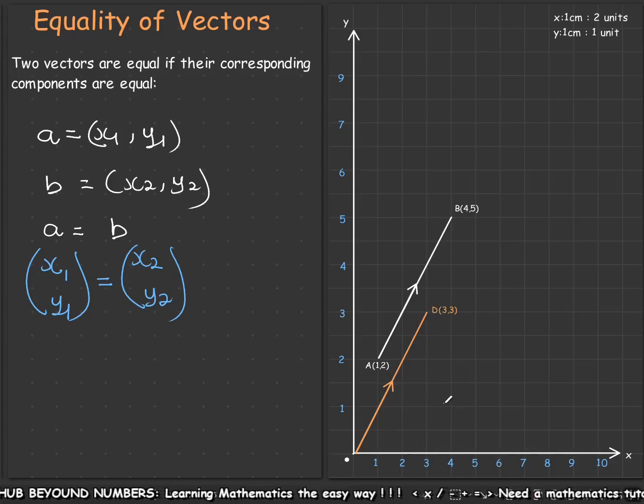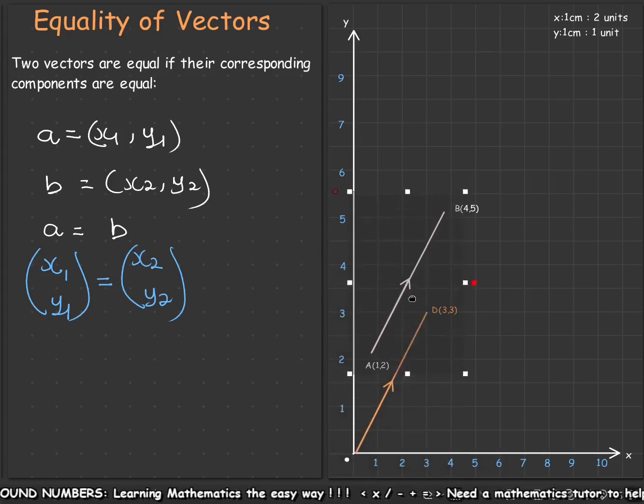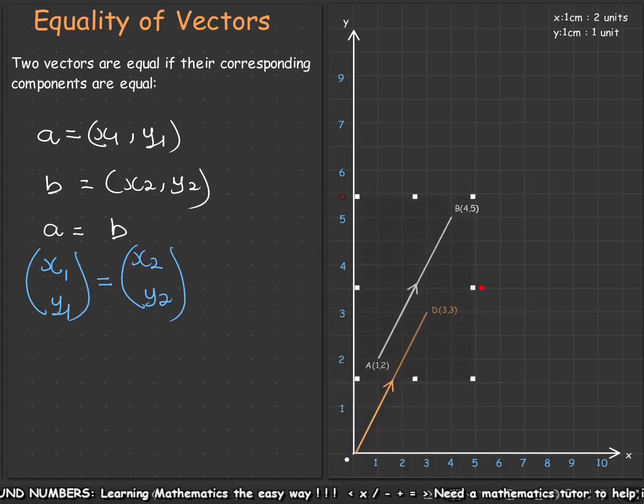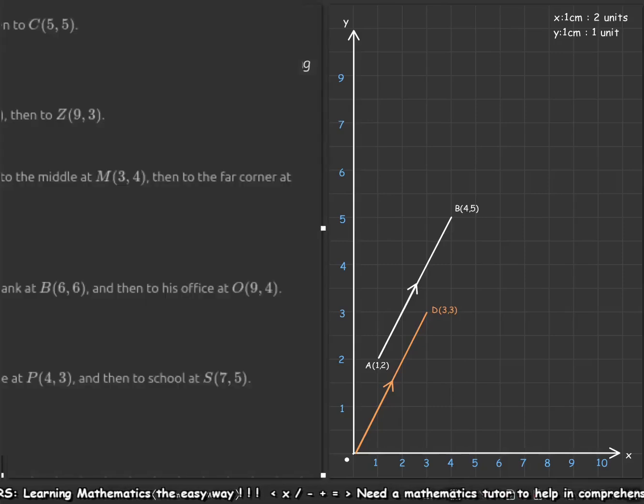If we compare their magnitudes, if I put it here, it fits perfectly. We can also say two vectors are equal if their magnitudes are the same. So in view of this, let's look at how we apply this concept to solve problems.